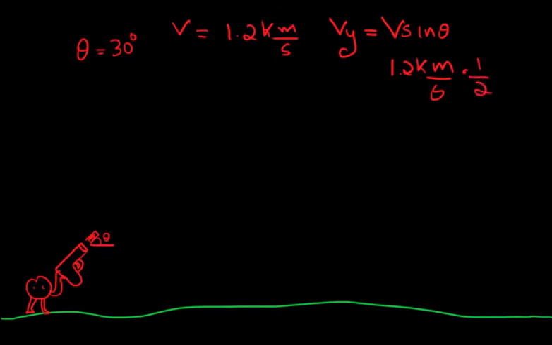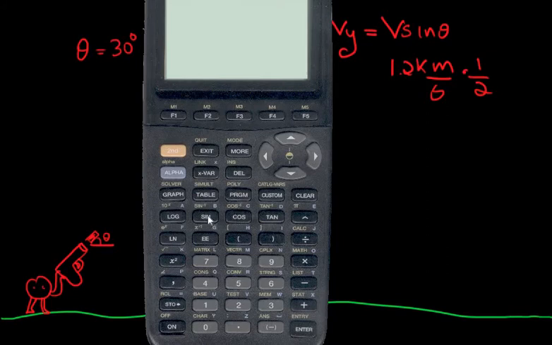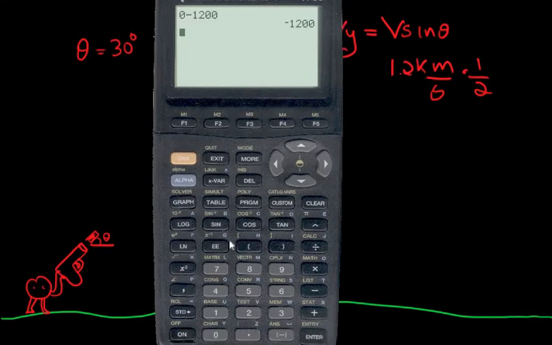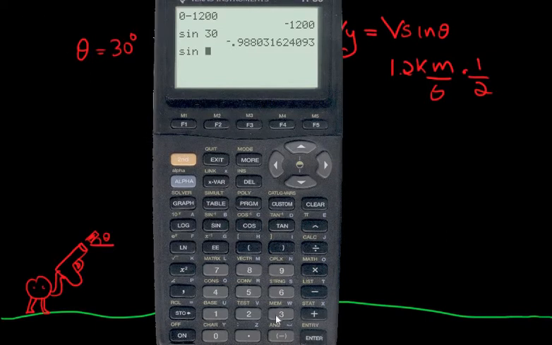You can type it in your calculator. Sorry, I forgot to convert it into degree mode. If we type sine of 30 degrees here, we will get 0.5.